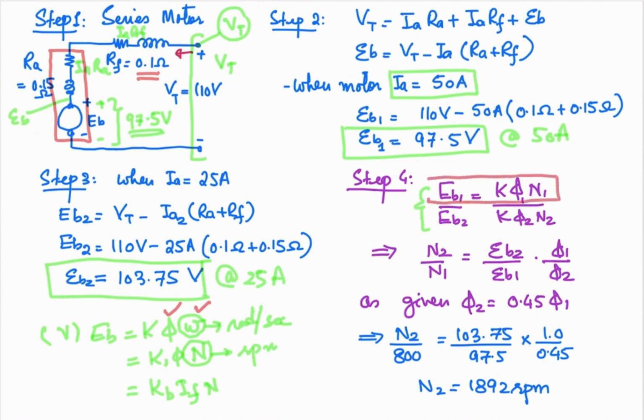So if you write down the equation for one particular speed, EB1 is equal to K phi N1, divided by the second one, EB2 equals K phi 2 N2, because if your flux is changing and speed is changing, you have a new back EMF. The ratio of the two back EMFs gives you the relationship between the speeds.